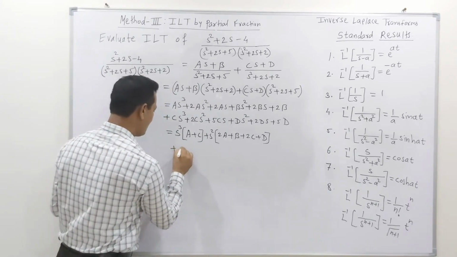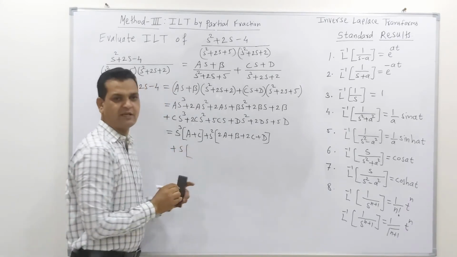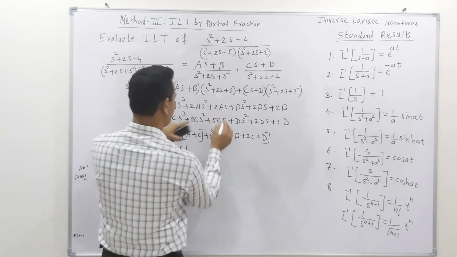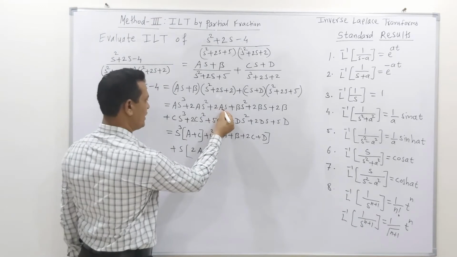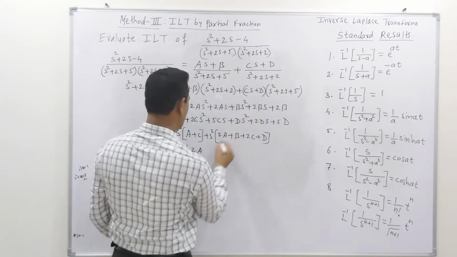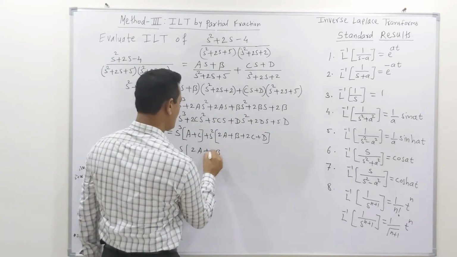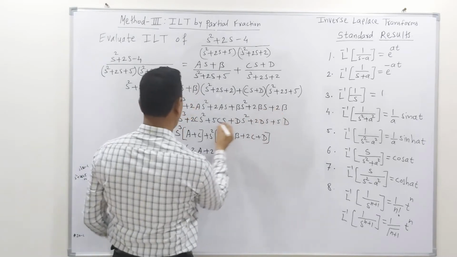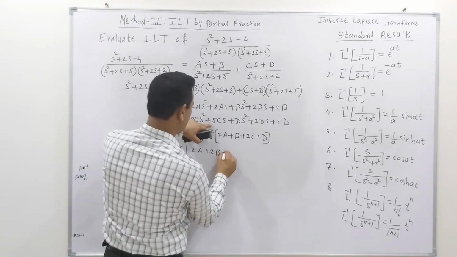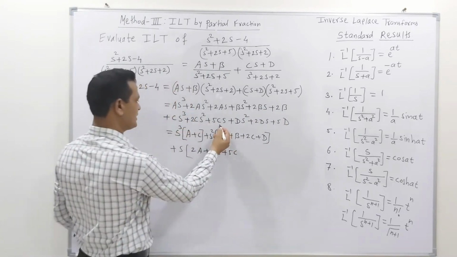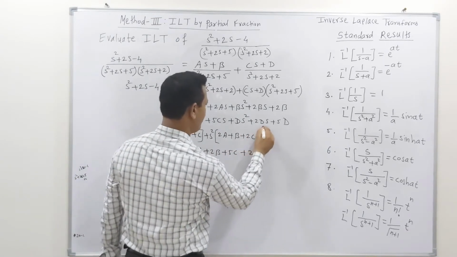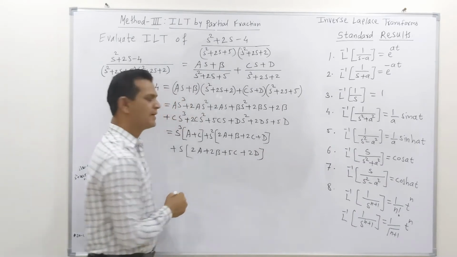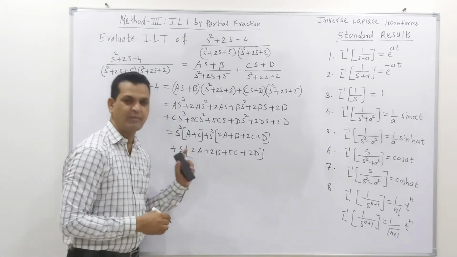Then write down the coefficients of the s term. The coefficient of the s term is 2a, then the next coefficient is plus 2b, then the next is plus 5c, then plus 2d. In this way we get the coefficients of the parameter s.